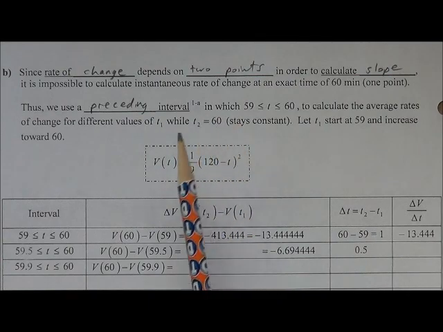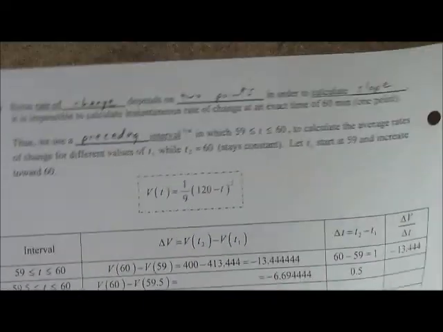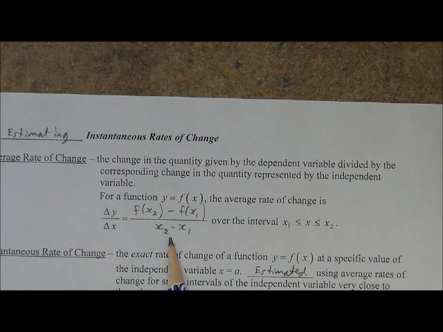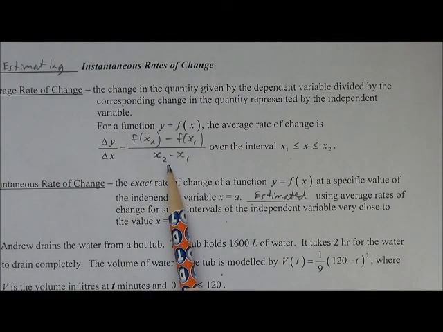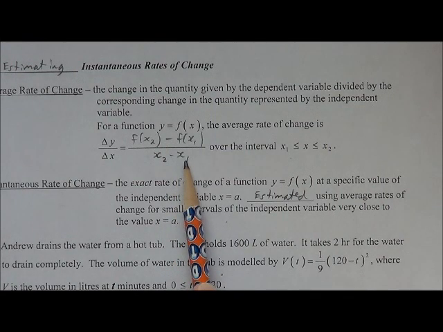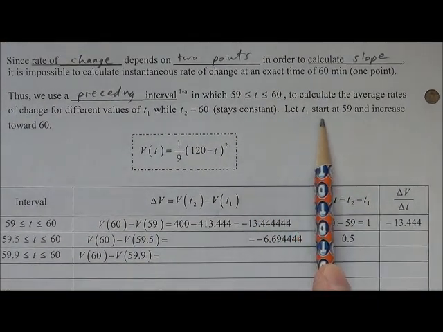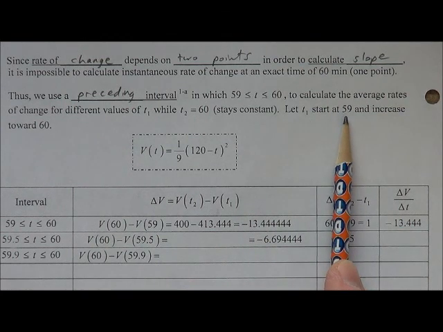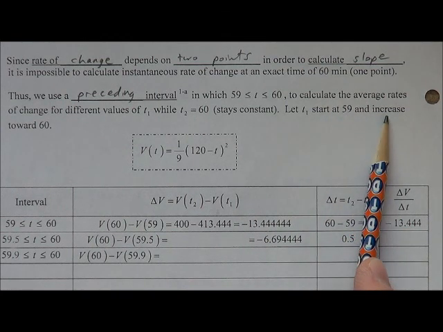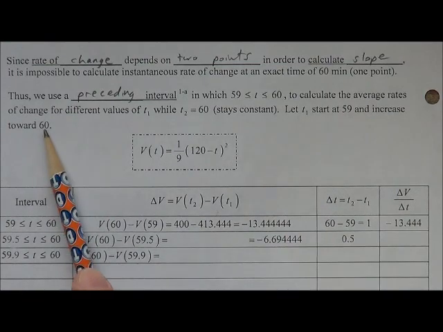So when we use t1 and t2 in the formula for the average rate of change, t1 is going to continually change, where t2 is going to stay at 60. We're going to start t1 at 59 and gradually increase that value of t1 towards 60.